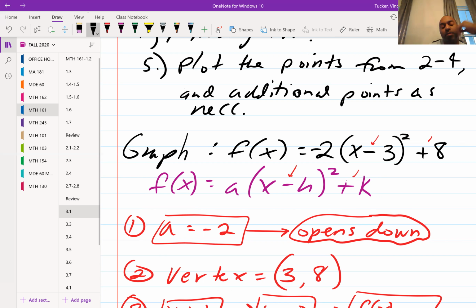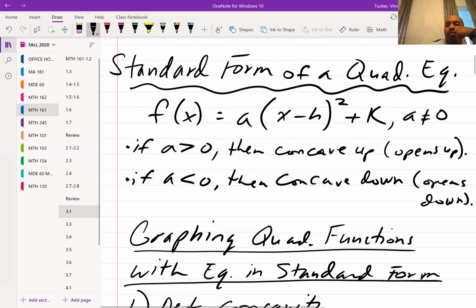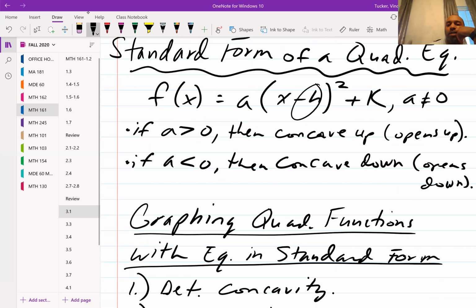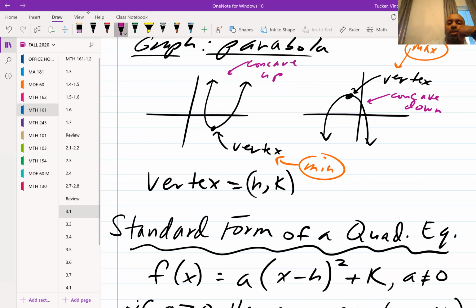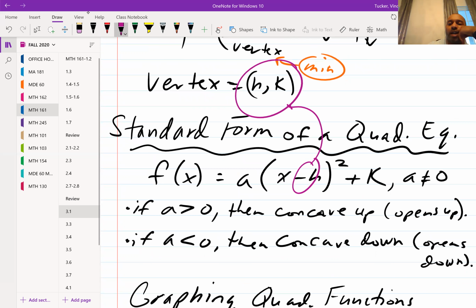Our vertex is going to be 3, 8. If you go back to the formula, you have minus h and k, so you use the opposite sign of h that's in the quadratic equation and the actual sign of k.